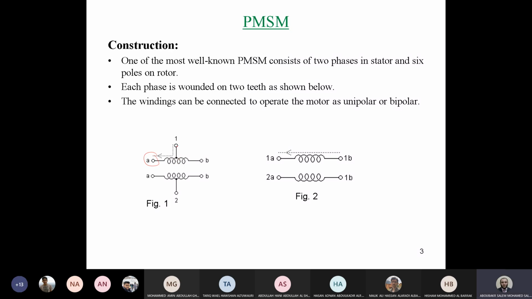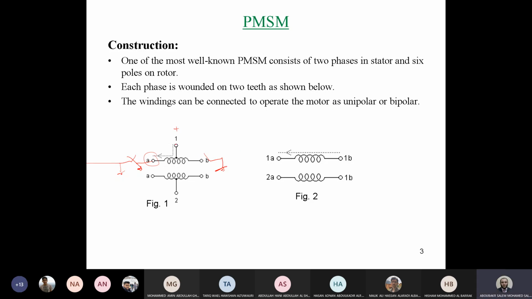If you imagine with me, we supply this coil by connecting positive voltage to terminal 1, and connecting a switch here to ground and another switch here to ground, like that. Now, if we close this switch, the current will flow from left to right.